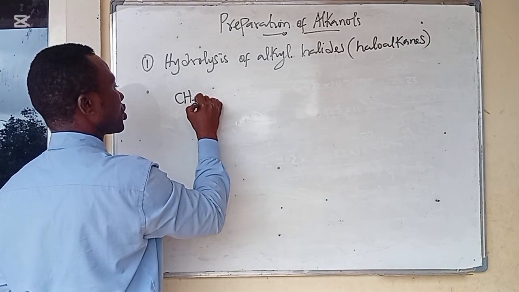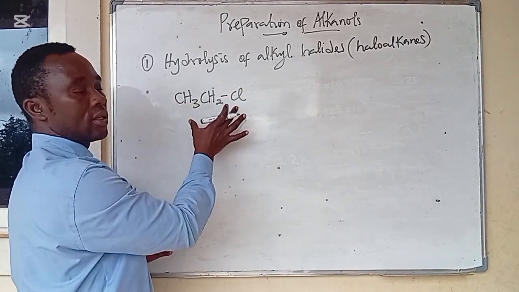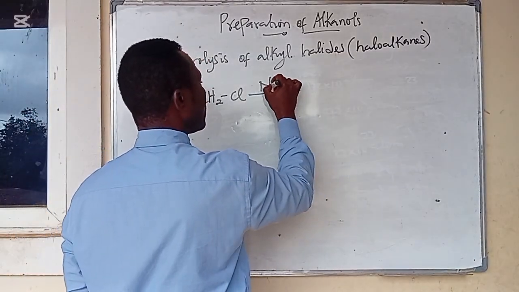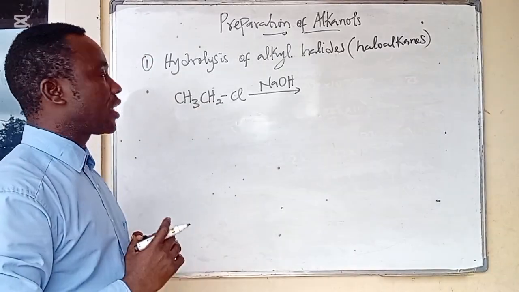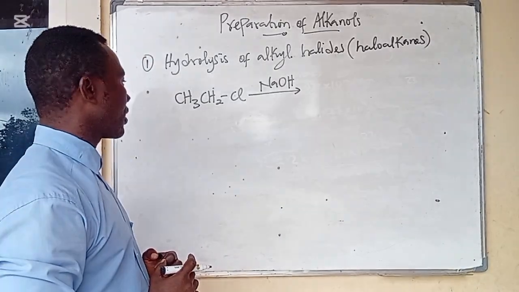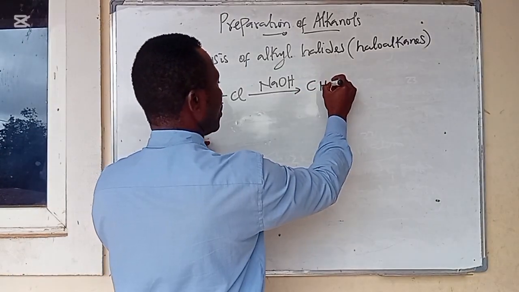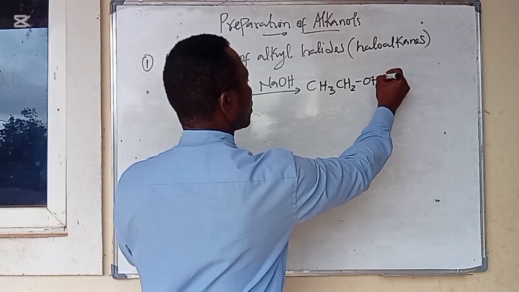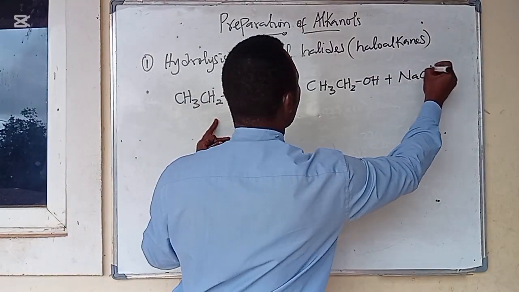When we have CH3, CH2, Cl, this is an alkyl halide. I want to hydrolyze it using a base. We can use NaOH or KOH, that is sodium hydroxide or potassium hydroxide. So when we do this, what we'll have is CH3, CH2, OH, plus NaCl.